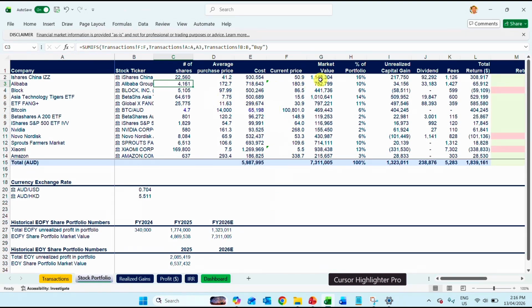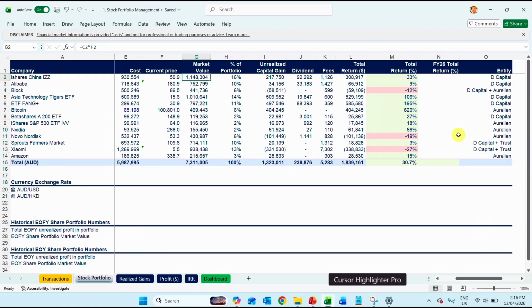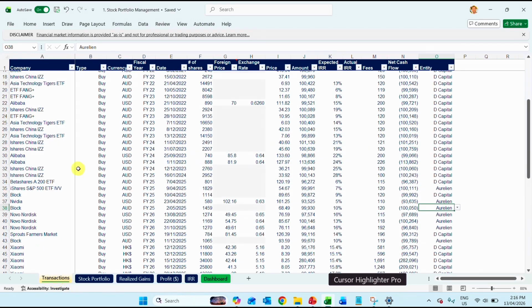So market value, percentage of portfolio, unrealized capital gain, dividend, fees, and total return in dollars, total return in percentage, and you can also have the total return over the past year, for example. Okay. So very simple, very convenient, and once again, it simply takes into account all of the transactions that you listed here.